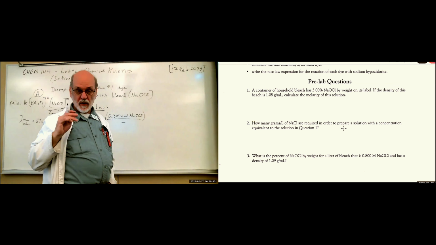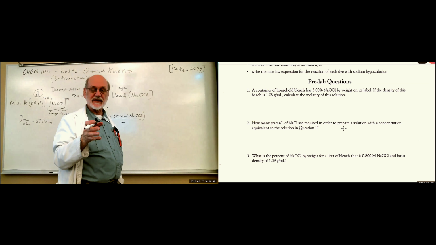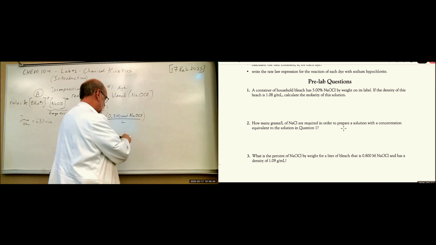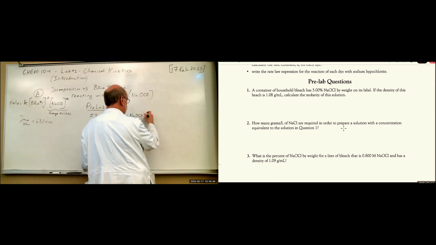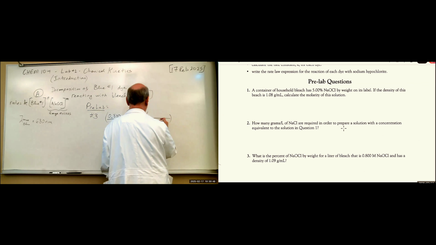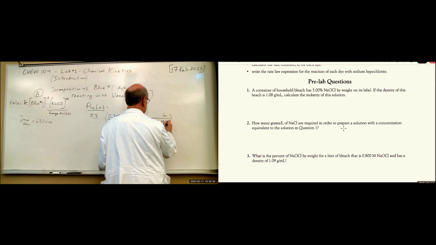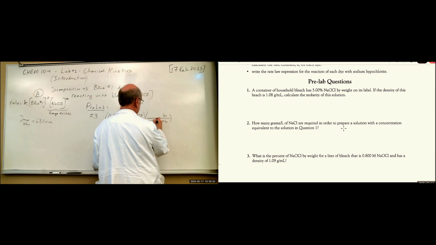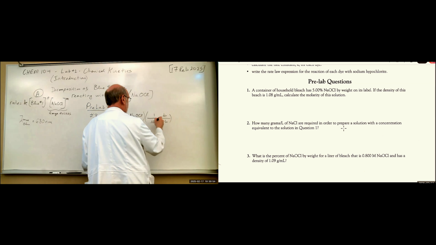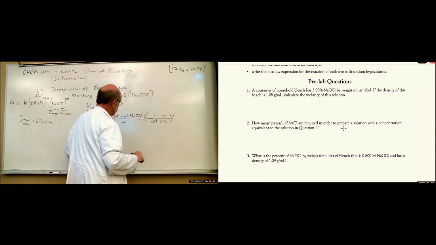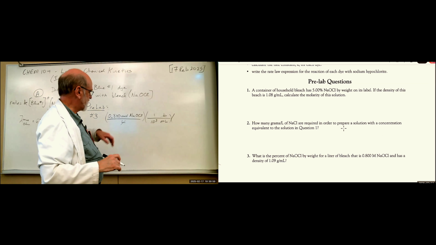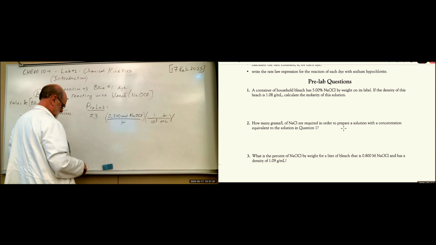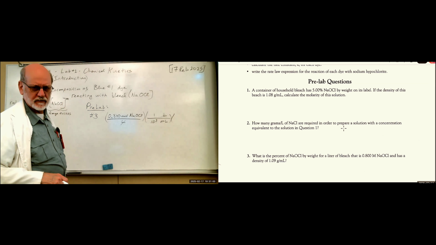Right? And since the density is in grams per milliliter, this has to be converted back to milliliters. Liters here, milliliters there. So that's 10 to the third on there. Takes care of that. Now what we need is, what's that in grams? And I didn't write it down.